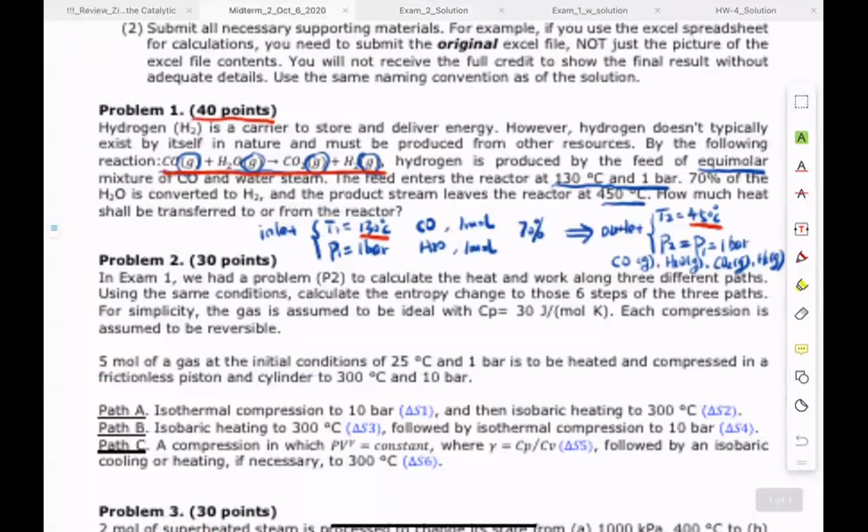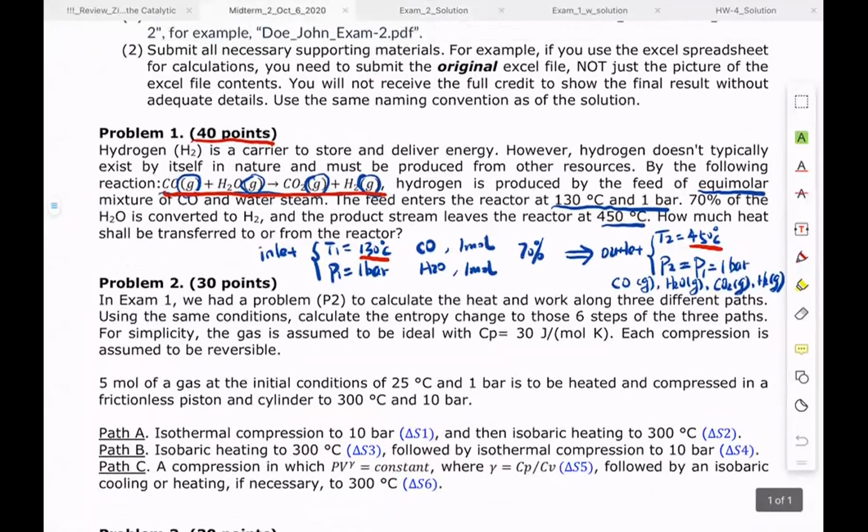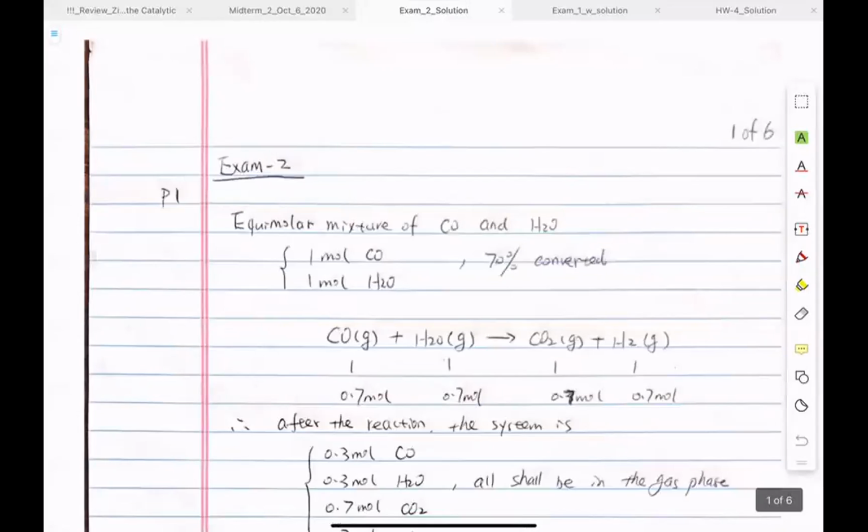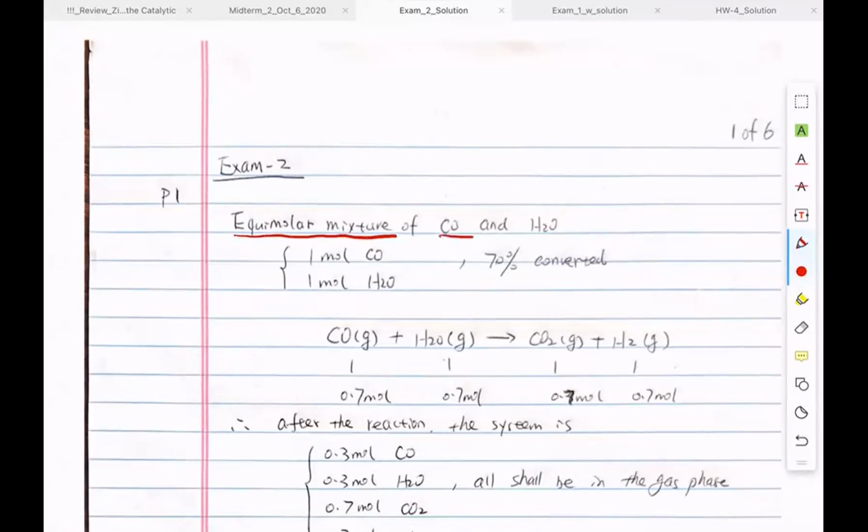So now if I go back to the problem itself, when you look at what I have in the solution when I was trying to work on this problem, we have the equimolar mixture of CO and water. So I would just go ahead and assume we are going to have 1 mole of CO and 1 mole of water, and then 70% will be converted.